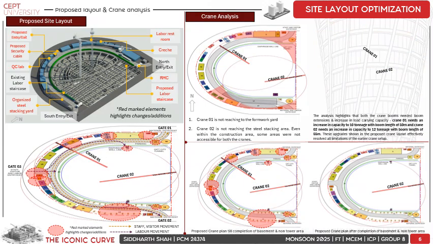So based on the observed movement of the site and to optimize the path of travel, we have proposed a site layout. The additions or the changes are highlighted using the red color. First of all, the crash, which was initially just adjacent to the shuttering yard, was moved near to the labor restroom.